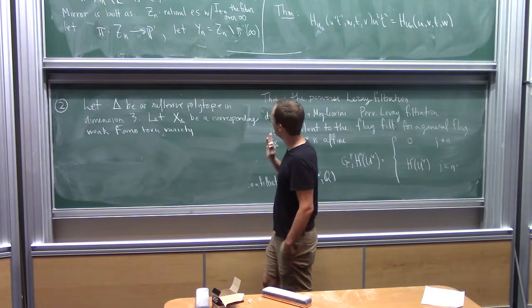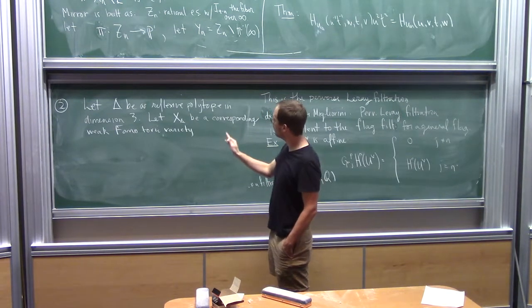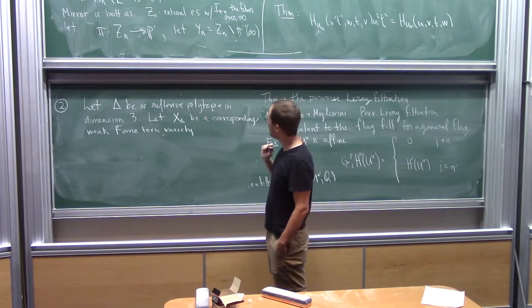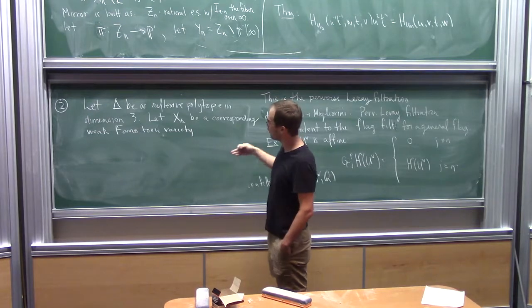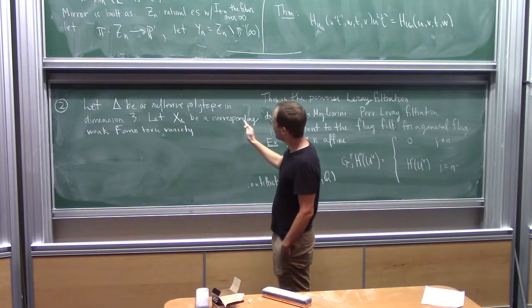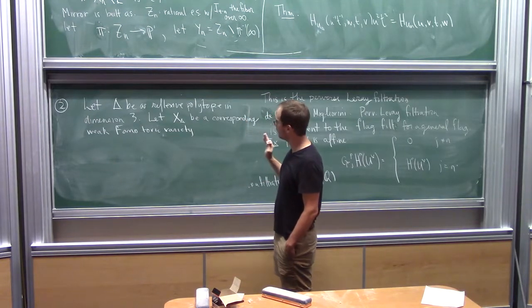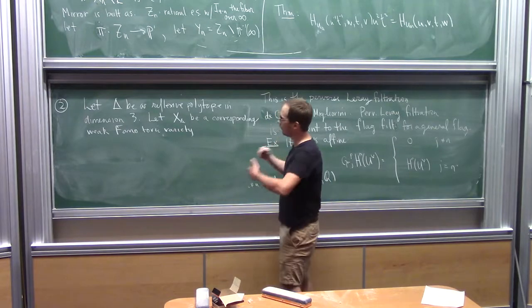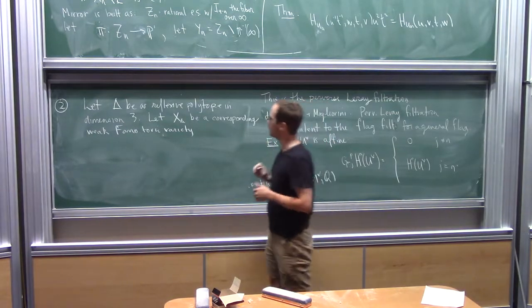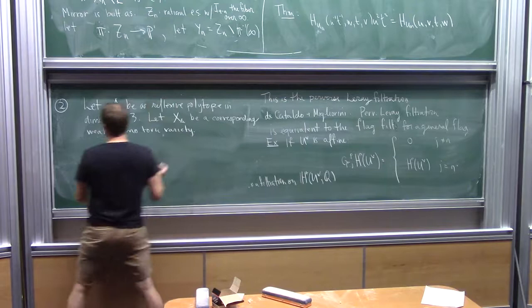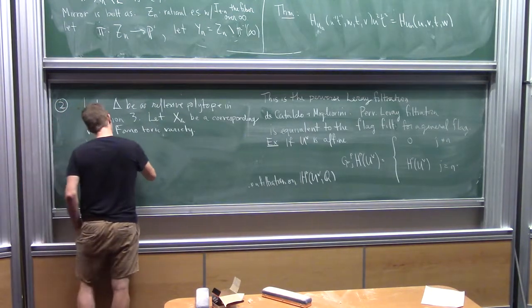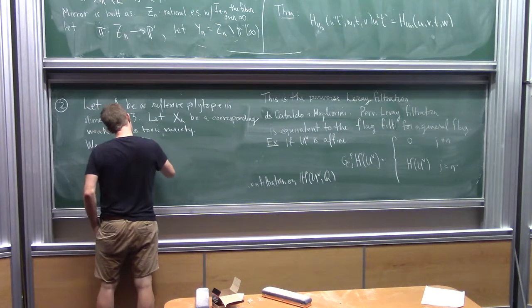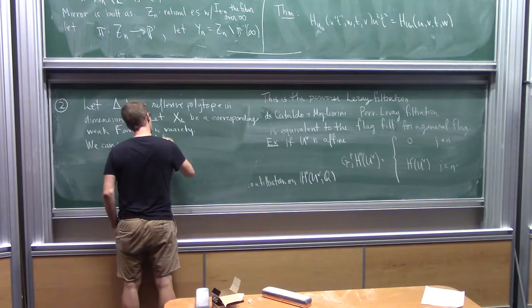If you choose a triangulation of the facets of this polytope, this gives you a crepant resolution or a partial crepant resolution. In dimension 3 there's actually a crepant resolution, so to any triangulation of the faces of Δ, we get a weak Fano toric variety. So we can construct hypothetical mirrors.